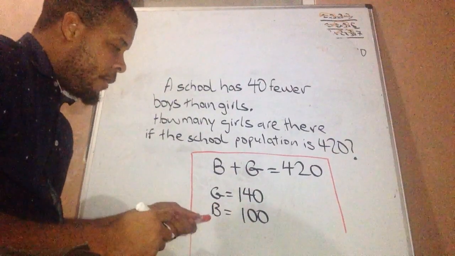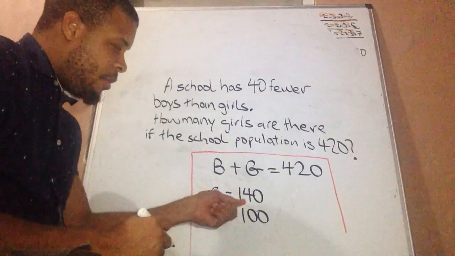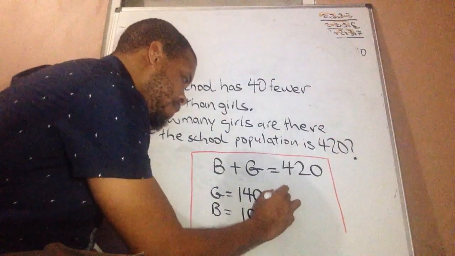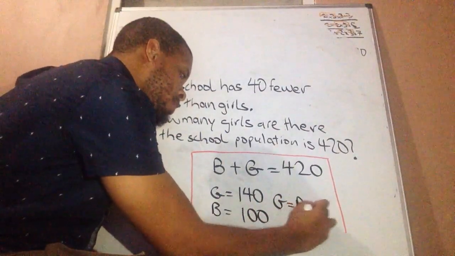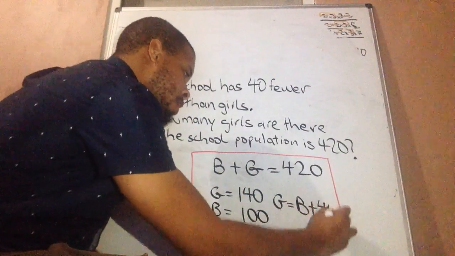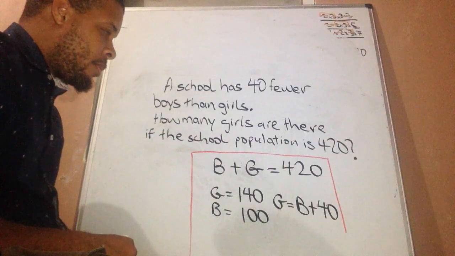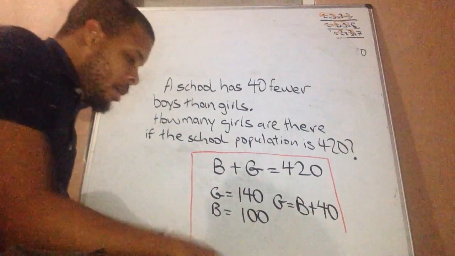Just think of it like that. If I add 40 to this B, it would give me the value of 140. So let me just say that G is equal to B plus 40. That makes sense.